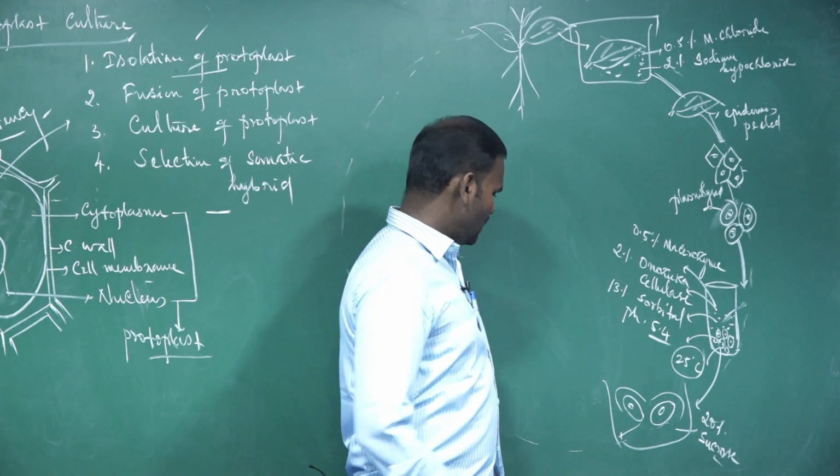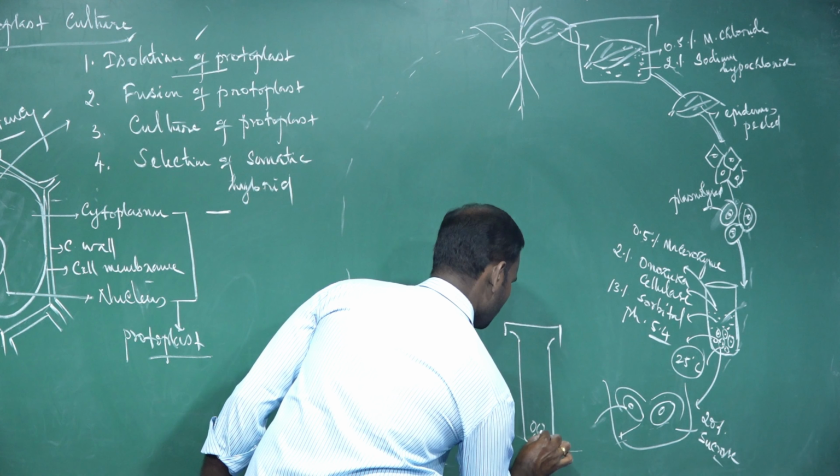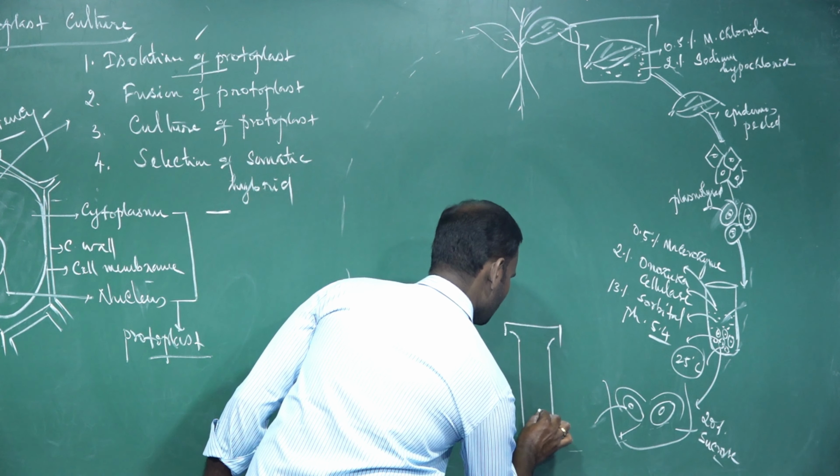Now these protoplasts are subjected to centrifugation, which is used for the isolation of pure protoplast. These are the cell wall debris, because the cell wall is degraded with the help of cellulase enzymes.